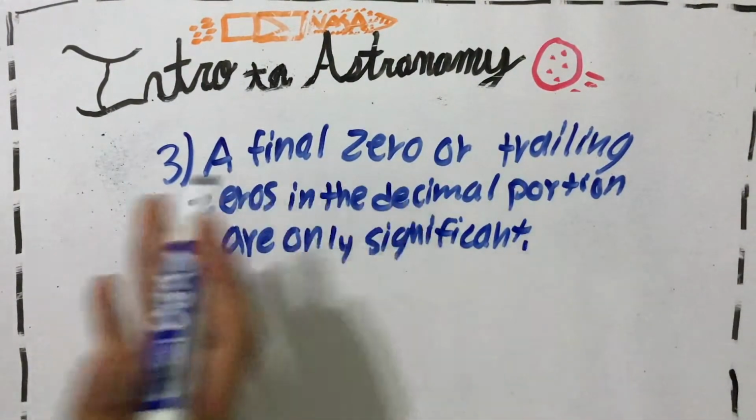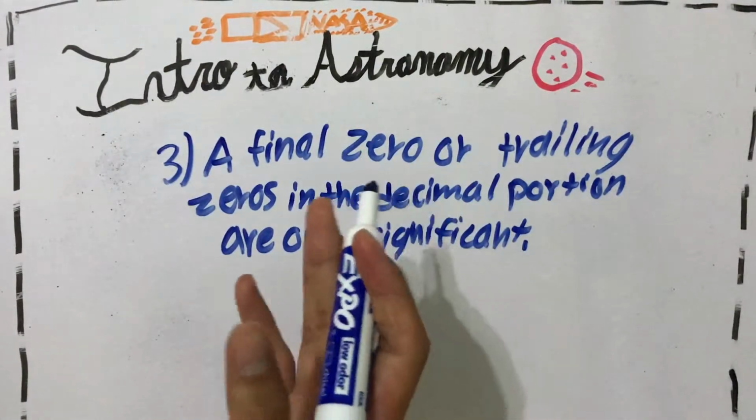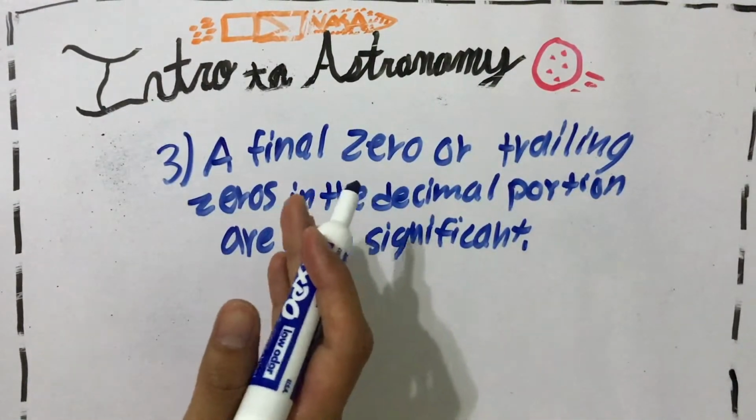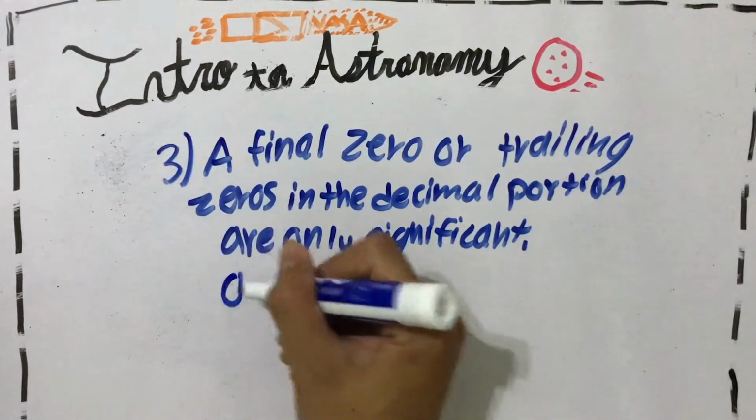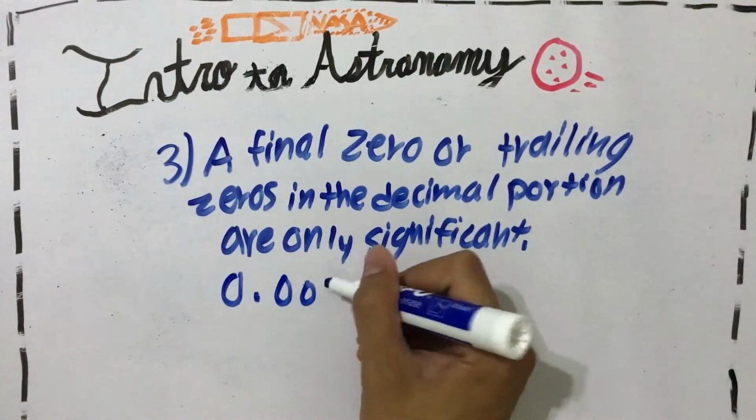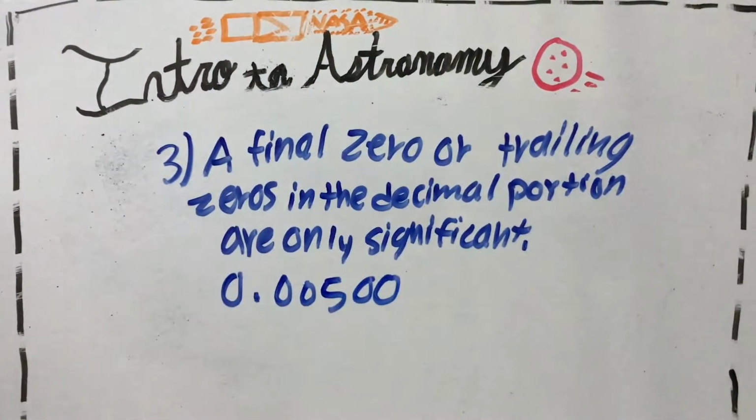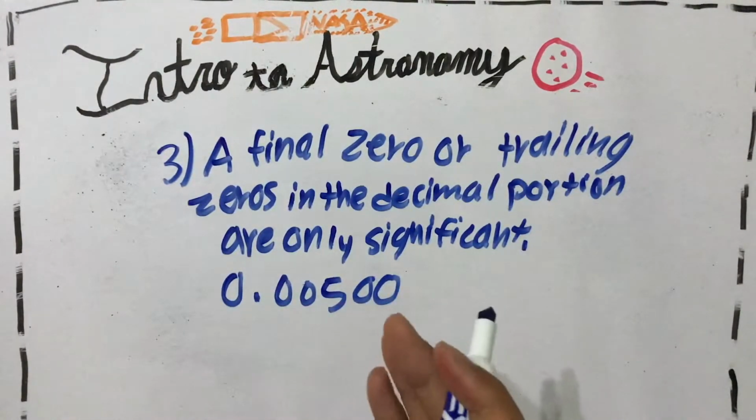The final law actually tricks a lot of students in general, and I think a great example would be a number such as 0.00500. So what would you say, considering this rule, as the amount of sig figs for this value?